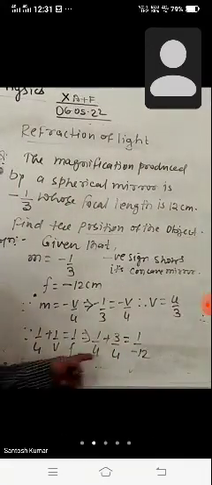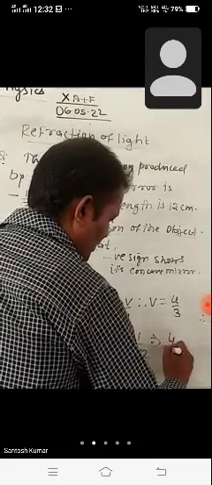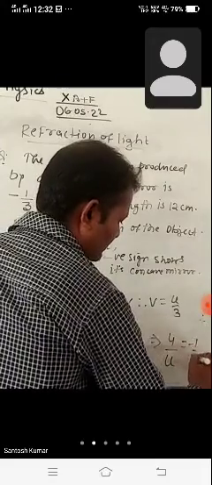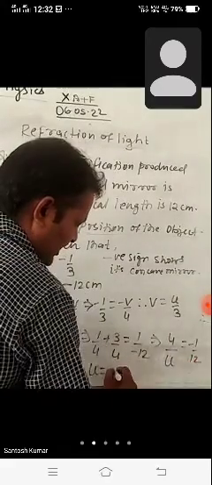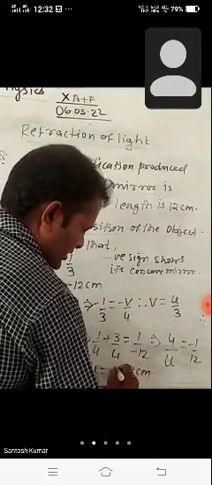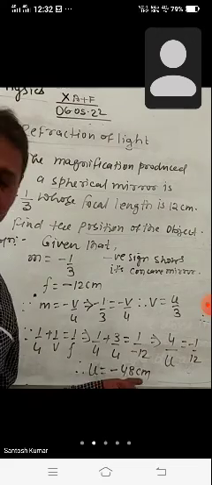Just see, you can find the value of u. So it is 4/u equals -1/12. Therefore, u is -48 centimeters. u is always negative, so it is also in the correct form.